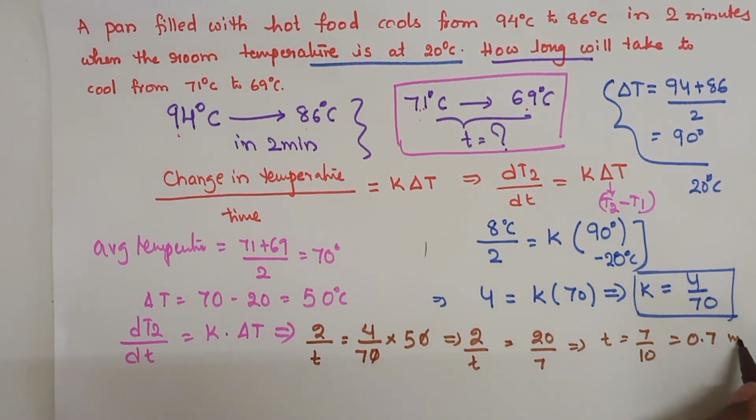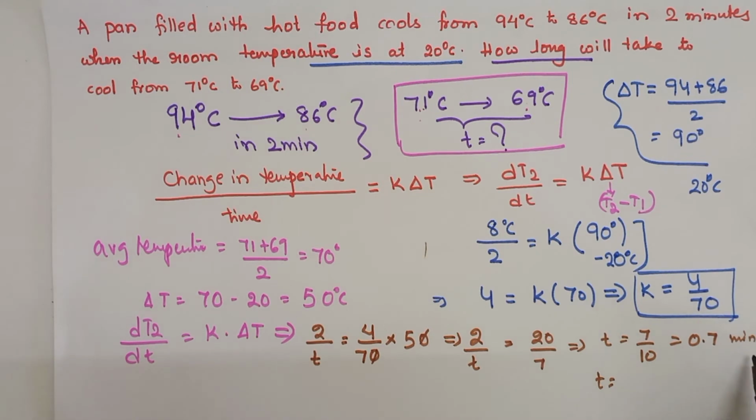Now this is in minutes. 0.7 minutes, at 60 seconds per minute, is 42 seconds approximately. So this is the way we have to calculate.